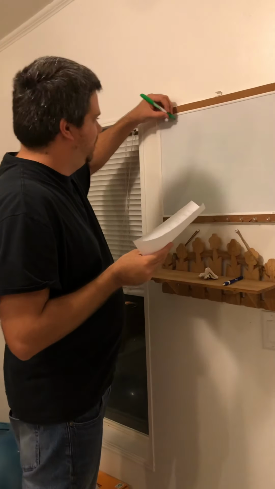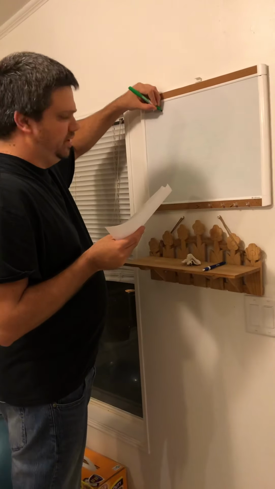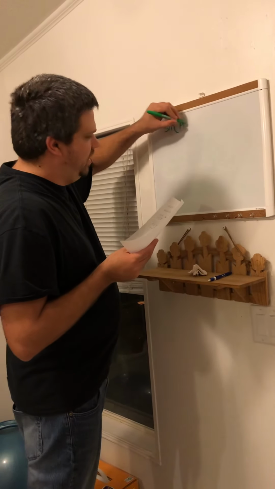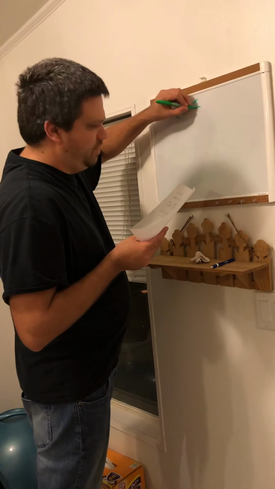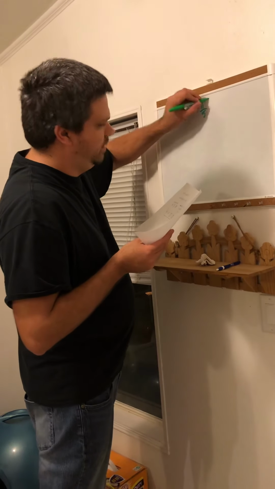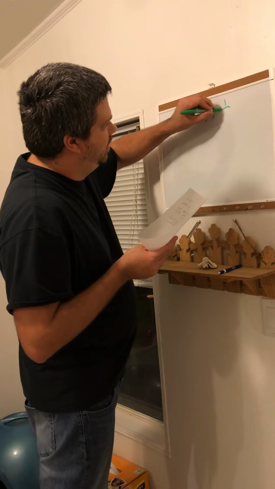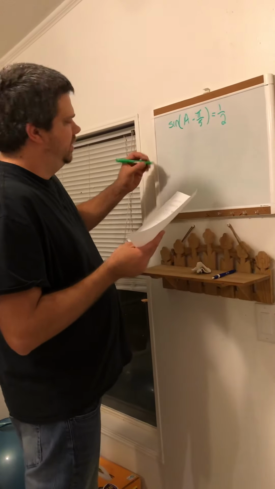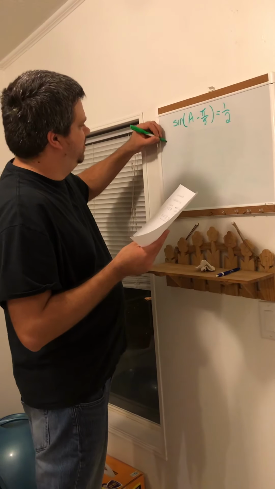As for the next question, it'll be question number 3, and it's going to be sine of (a minus pi over 5) equals 1/2. For this one we're going to put this in 2.